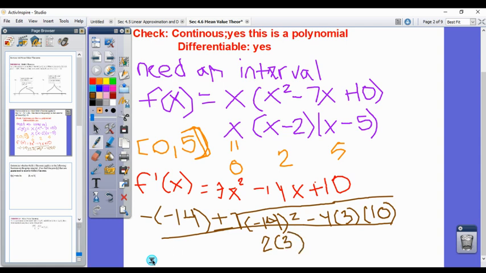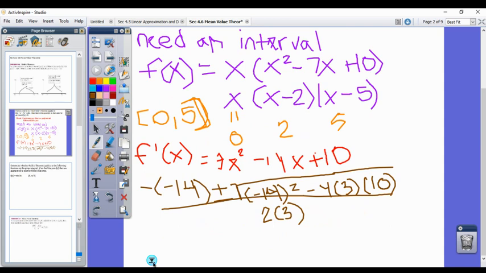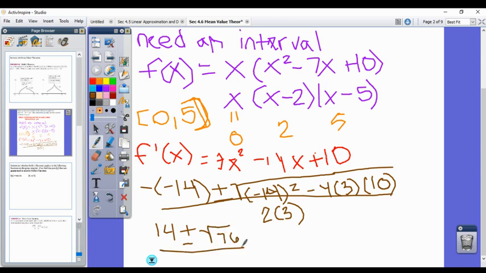Okay, so I can simplify this down, and I'm going to get 14 plus or minus square root of 76, all divided by 6. Now I can break the square root of 76 down, and it's going to give me 14 plus or minus 2 square root of 19, all divided by 6.